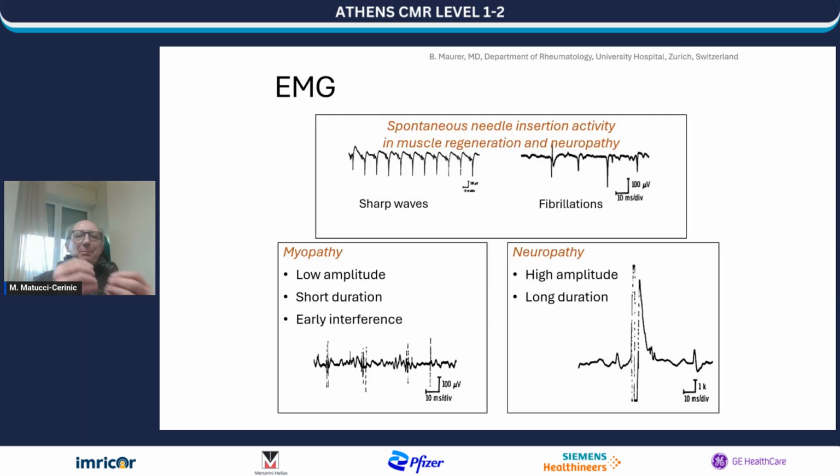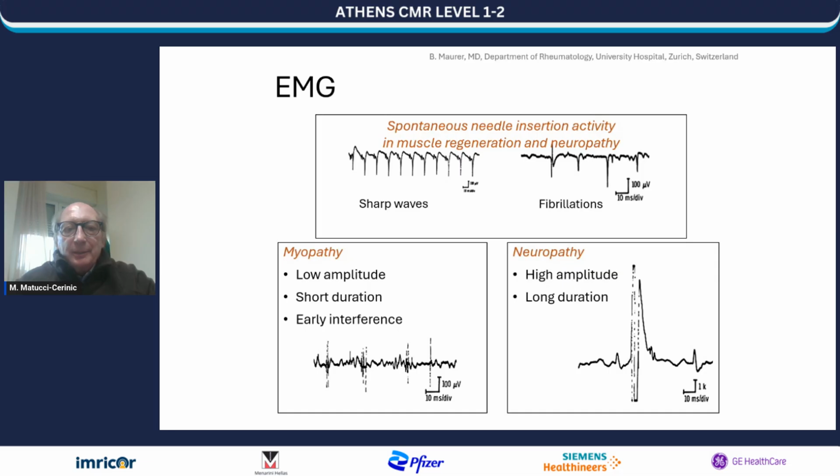So we can immediately understand if the weakness is due to the involvement of the nervous system or of the muscle. In this case, we see fibrillation and the low amplitude that are really characteristic of the muscle involvement in systemic sclerosis.